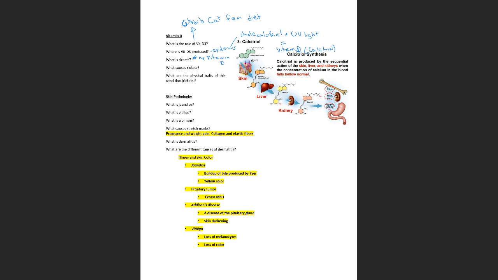If there is no vitamin D, then we are not absorbing calcium, and that calcium is not being deposited into our bones. Our bones become weak and brittle. This happens specifically in kids. So what is rickets? Weak bones due to lack of vitamin D, which answers the next question: what causes rickets? Lack of vitamin D.